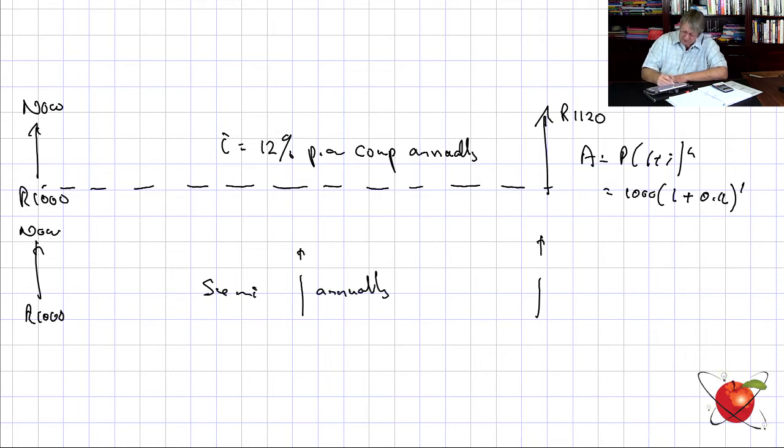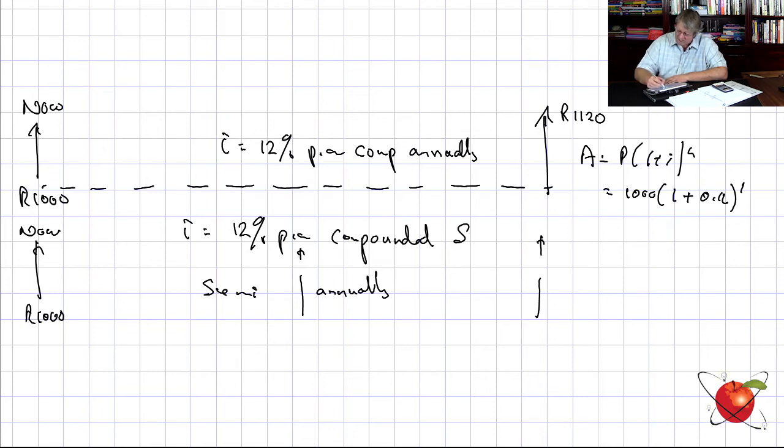What will they tell me? They will tell me the interest rate is 12% per annum compounded semi-annually, which means twice every year.